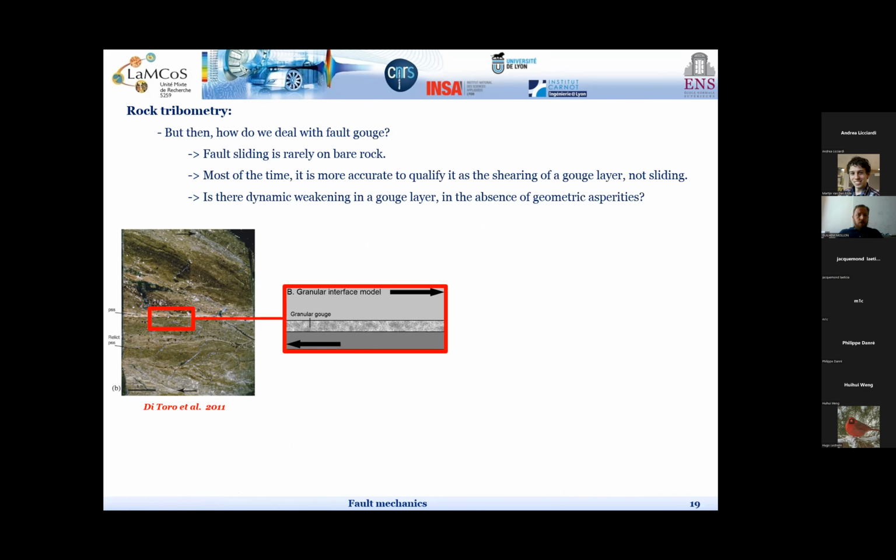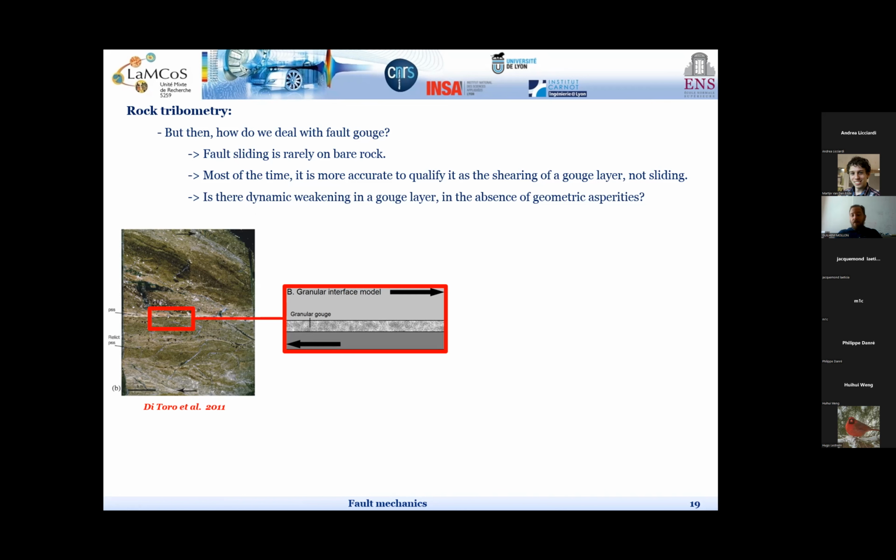However, there is a question about this, which is how do we deal with fault gouge? Because observation and experiments show that actually fault sliding is rarely on bare rock, and most of the time it would be more appropriate to represent fault sliding as the shearing of a gouge layer and not as the sliding of two surfaces.